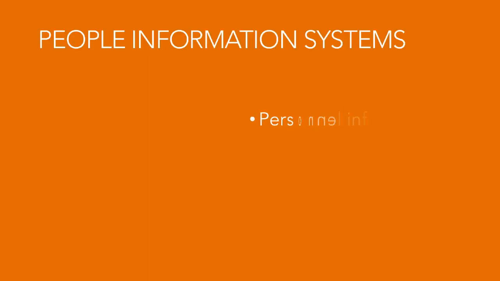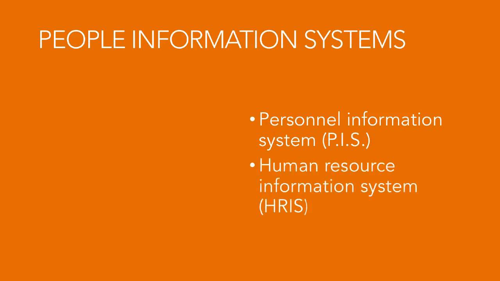Okay, so the first one is a personnel information system, and if you've ever had a job, you've been in one of these personnel information systems. These types of systems would be the systems that do payroll, or the systems that manage your tax paperwork for a company, or know your hours or whatnot. That system, along with kind of a more thought out human resource information system, controls what you don't control, but understands your behaviors while you're at work.